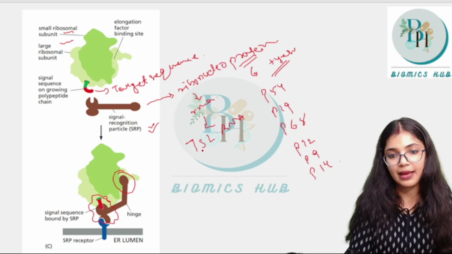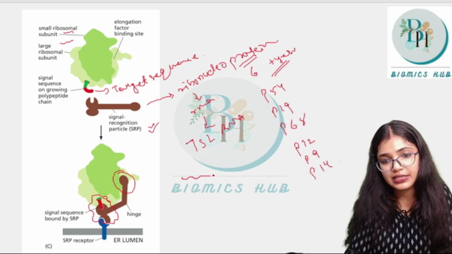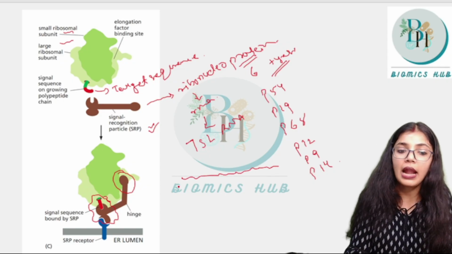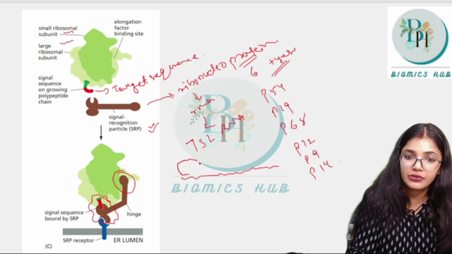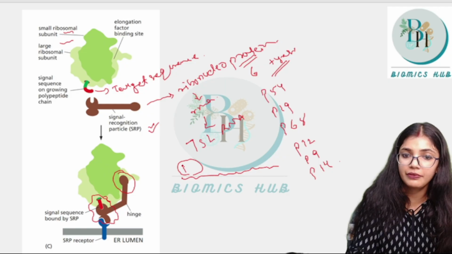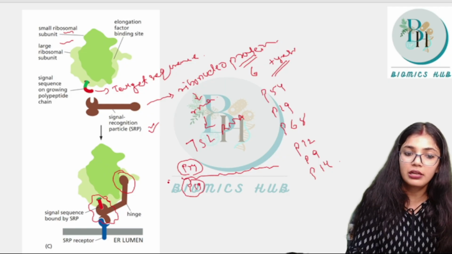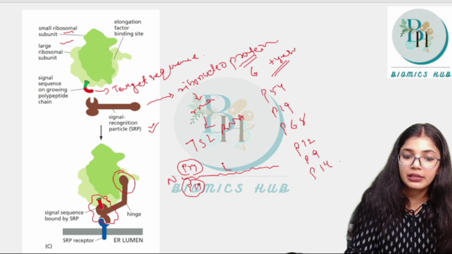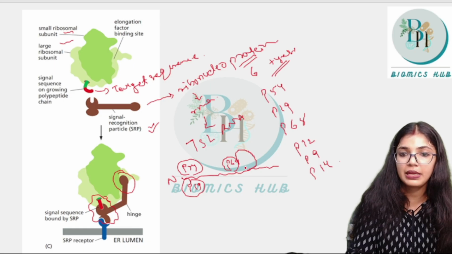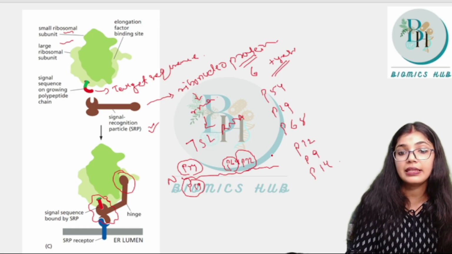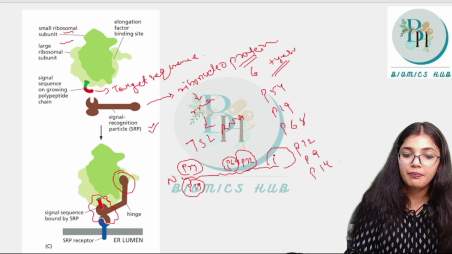So for example, here we can see the RNA, and P54 and P19 bind in this region. P54 and P19 bind in the N-terminal region, in the middle bind P68 and P72, and in the C-terminal region bind P9 and P14.